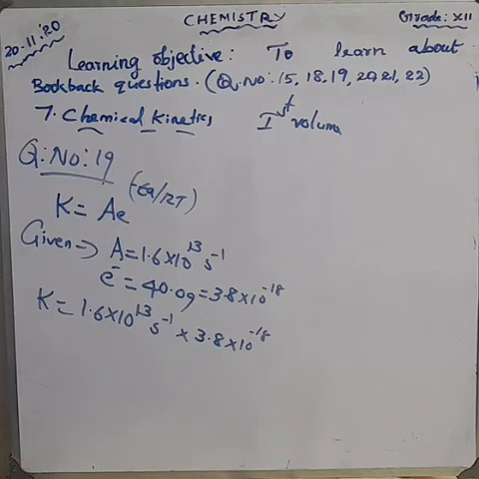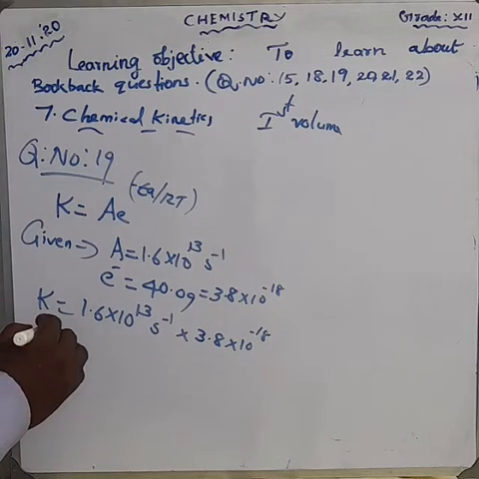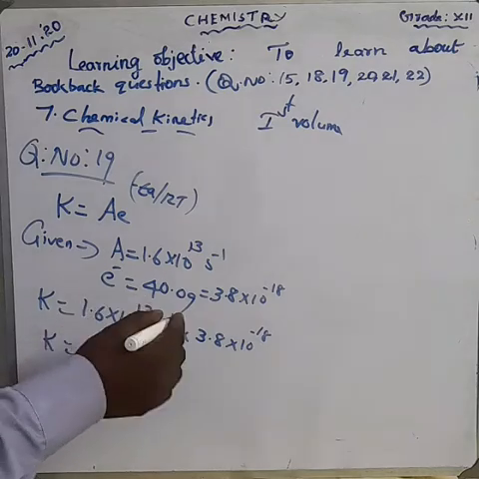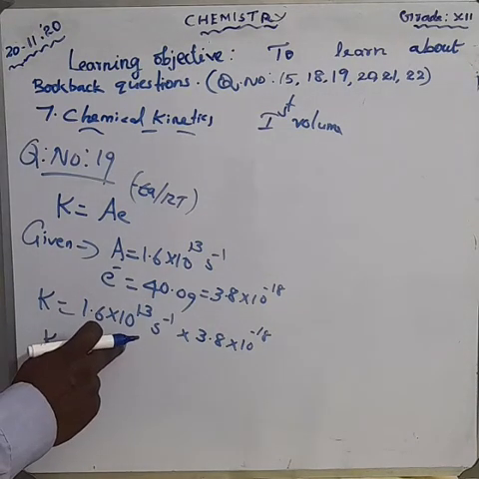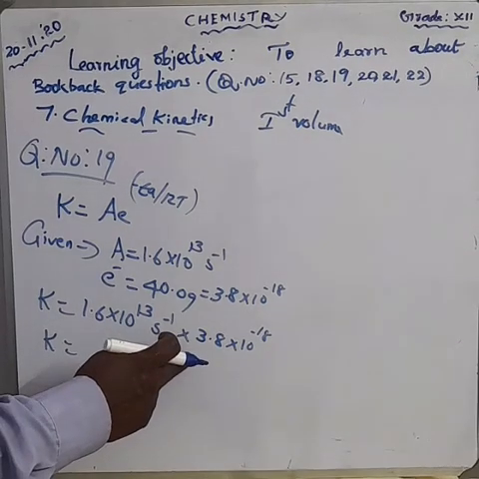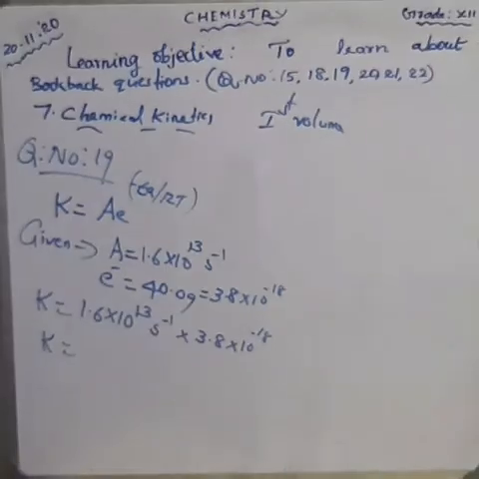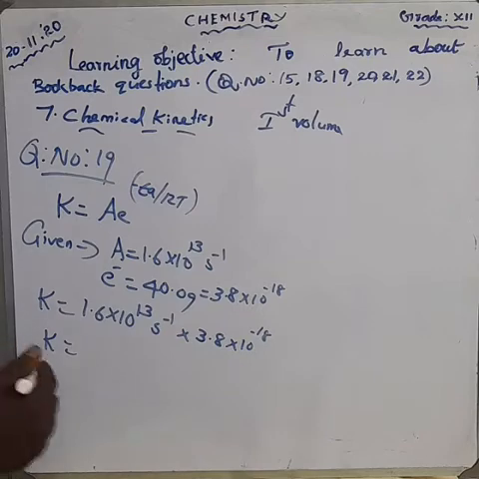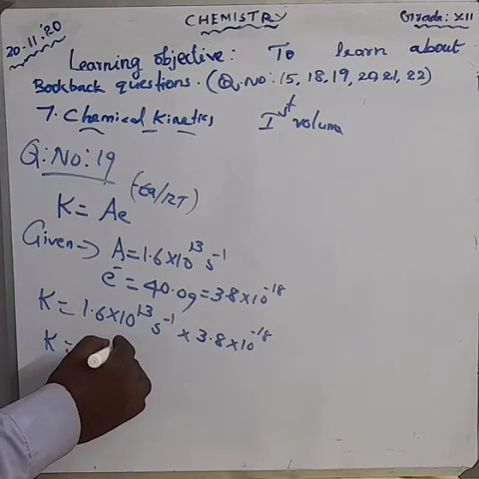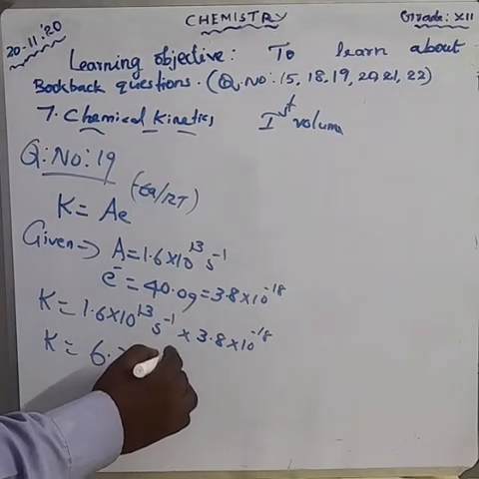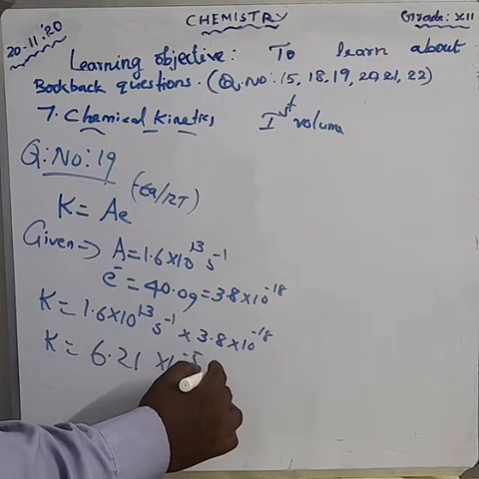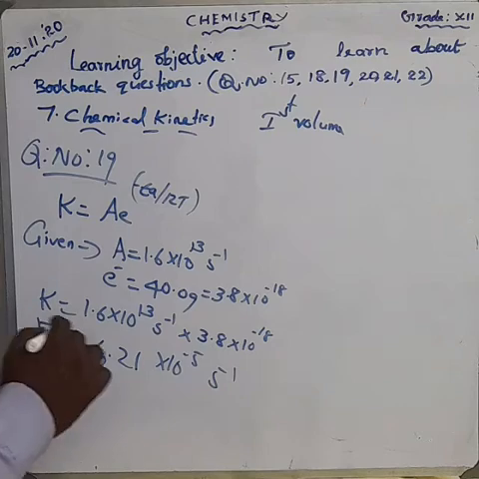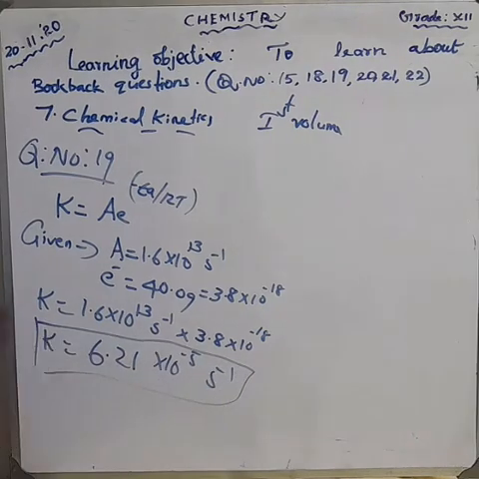So what's the answer? K is equal to, we multiply 1.6 into 10 to the 13 second inverse into 3.8 into 10 to the power minus 18. So we get 6.21 into 10 raised to minus 5 second inverse. That's the answer.